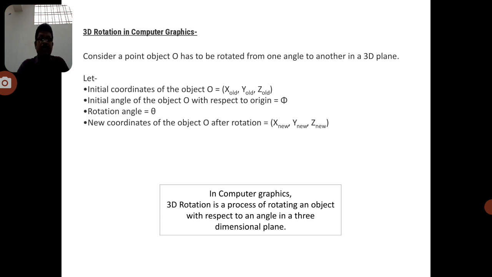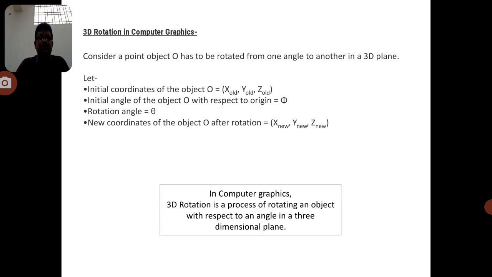And then we are going to find the rotation angle, in which direction the object can be moved, either the clockwise direction or the anti-clockwise direction. So the rotation angle should be defined as theta. Now we will find the new coordinates after applying the rotation.